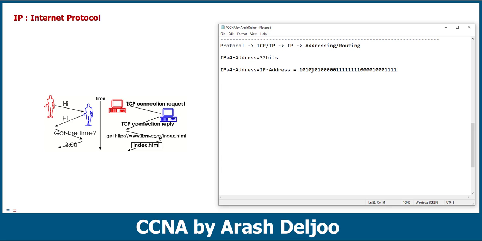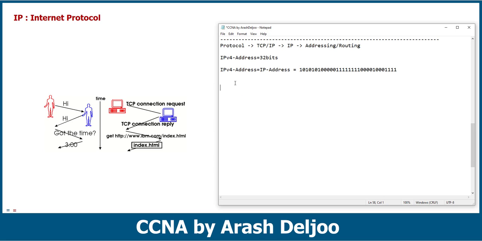For example, assume that you have 100 PCs, PC1 to PC100, and you need to address all of these PCs. This is very difficult with a 32-bit IP address. Because of that, we are using a conversion for easier IP addressing.